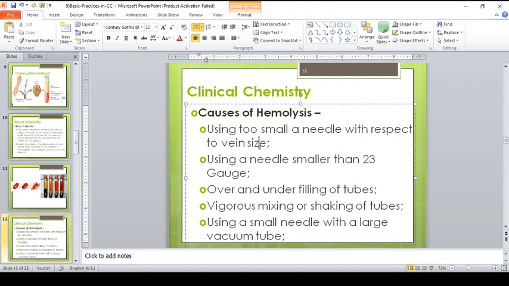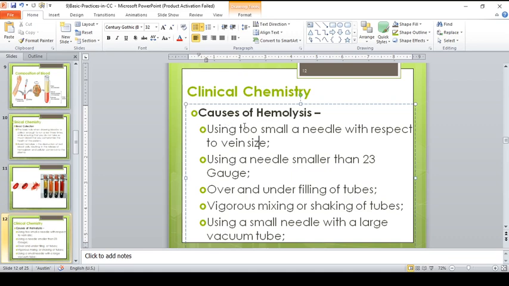So there are different causes of hemolysis or lysis of the red blood cell. If you use too small a needle with respect to vein size, that may lead to hemolysis. The gauge of the needle refers to the size of the hole of the needle.